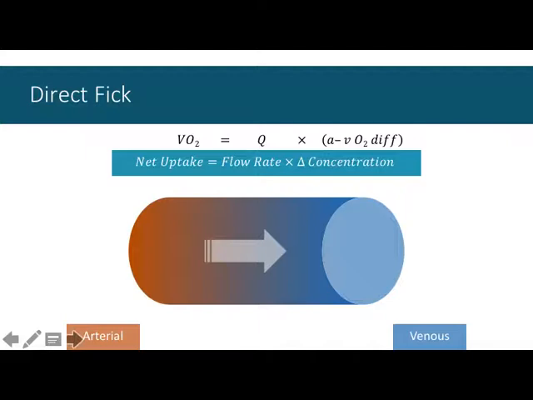Flow rate would be how quickly the blood that's carrying the oxygen flows. And the change in concentration, you might have seen this term before, is the AVO2 difference, which simply means the difference in arterial and venous contents of oxygen. Arterial has so much, the venous has slightly less, and it's the difference between those 2 compartments that is the change in concentration, or the difference in O2 contents.